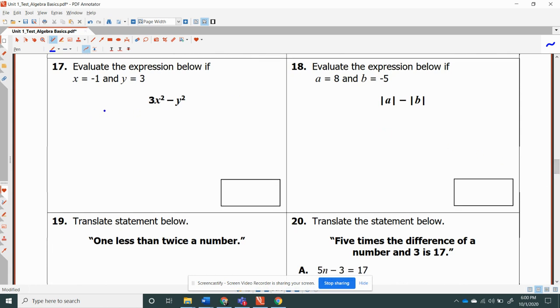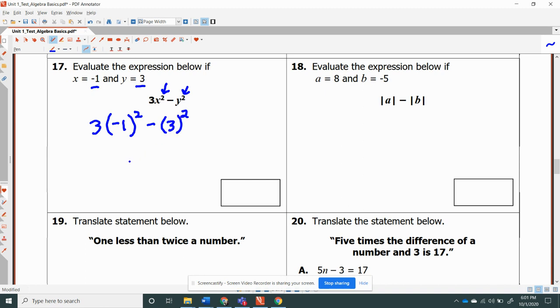Now, we've got to evaluate the expression for x equals -1 and y equals 3. With these exponents especially, you want to be very, very careful. So 3x, x is -1, so I'm going to use parentheses, and then it's squared, minus y, y equals 3, and that is also squared.